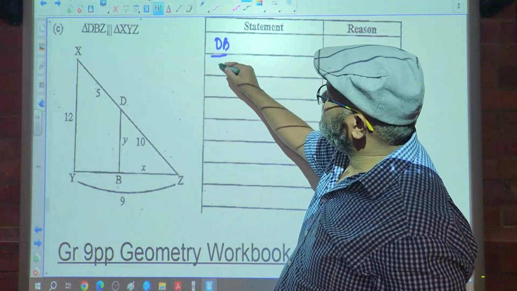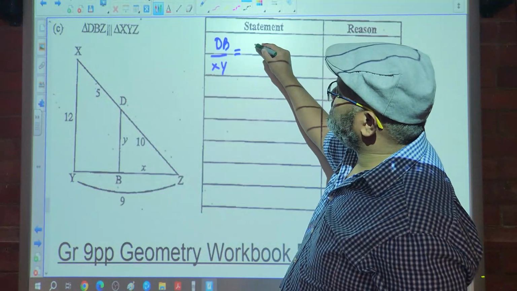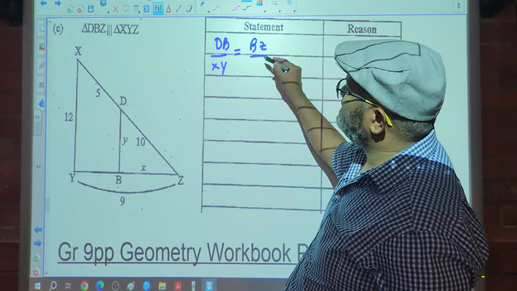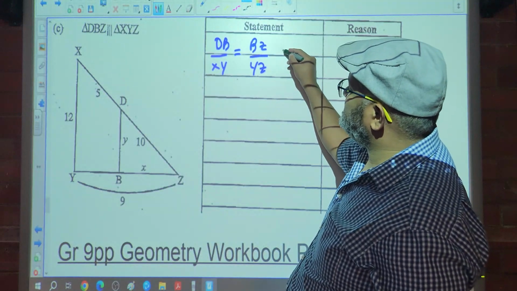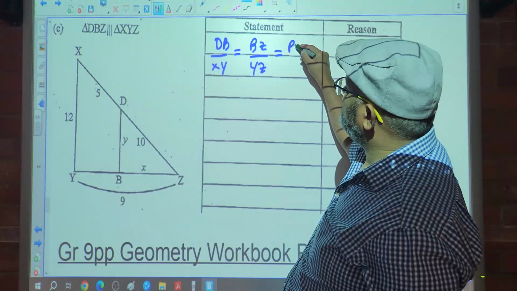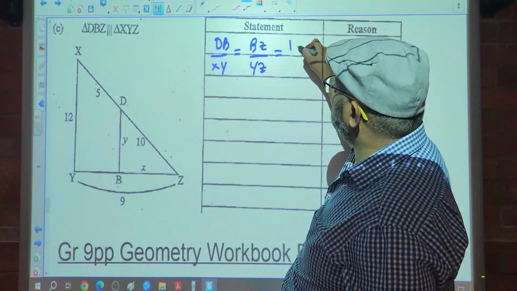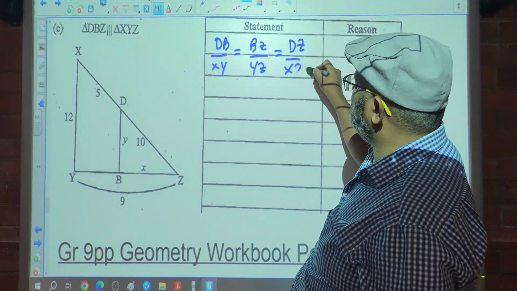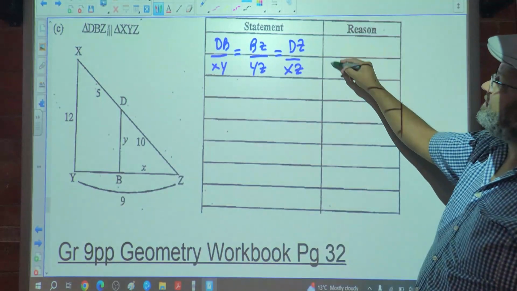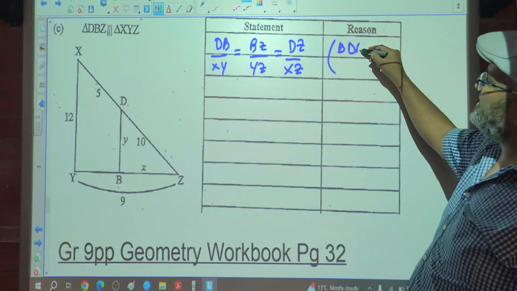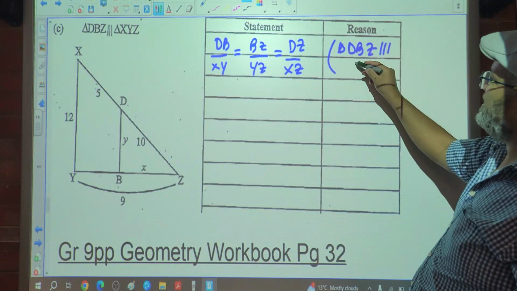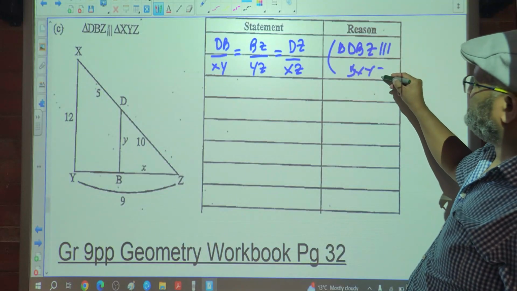DB over XY is equal to BZ over YZ, which is equal to DZ over XZ. What's your reason here? Triangle DBZ is similar to triangle XYZ.